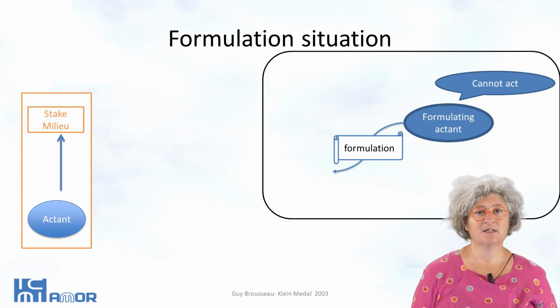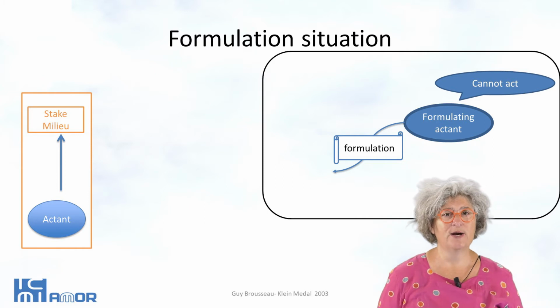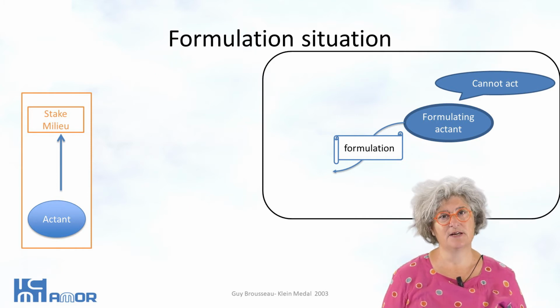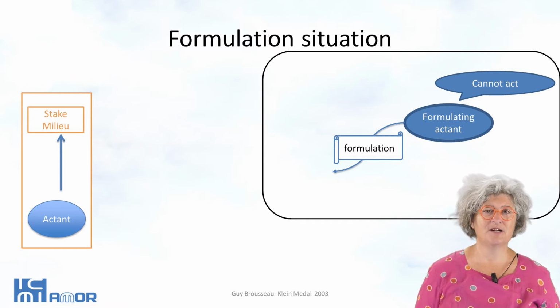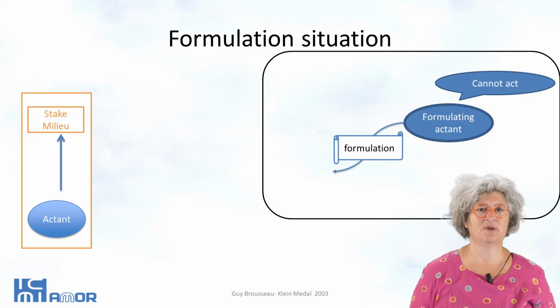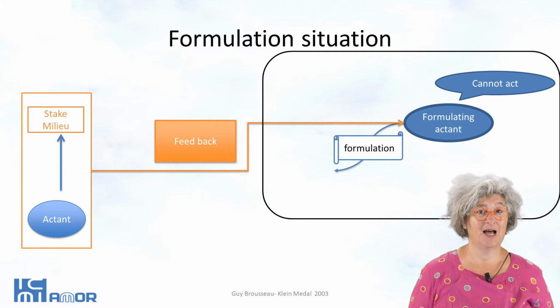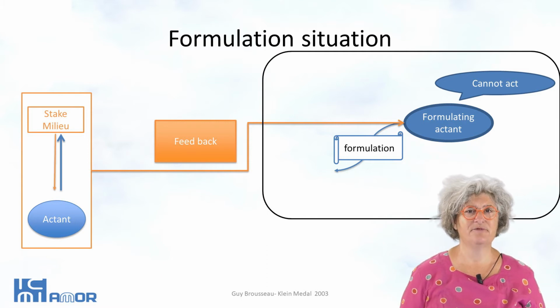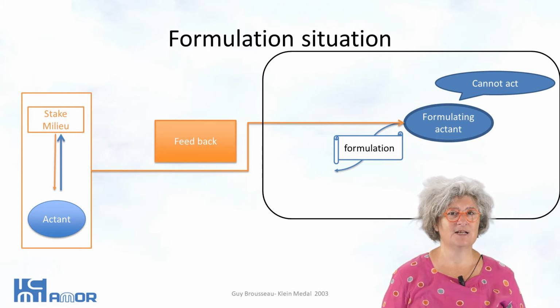The formulation is for an actant who is able to act, who can be the same person with a delay in time or another person. There is thus an action situation between this actant and the milieu, with a feedback to the actant about the result of the action and a feedback of the result of the actant's actions on the formulating actant.